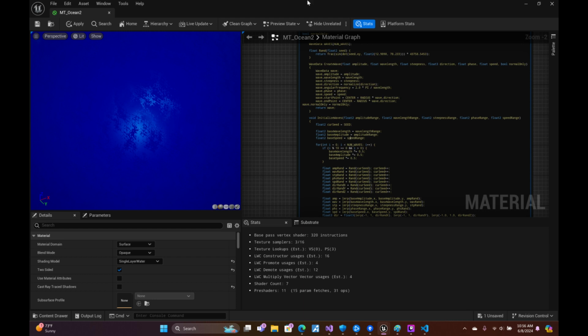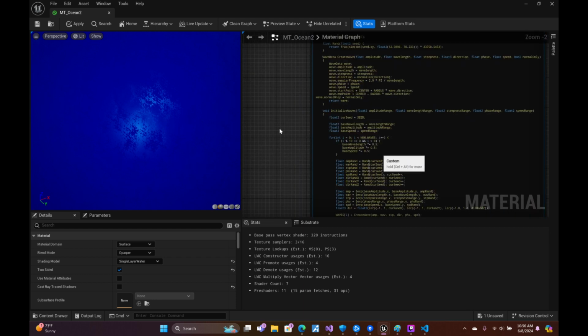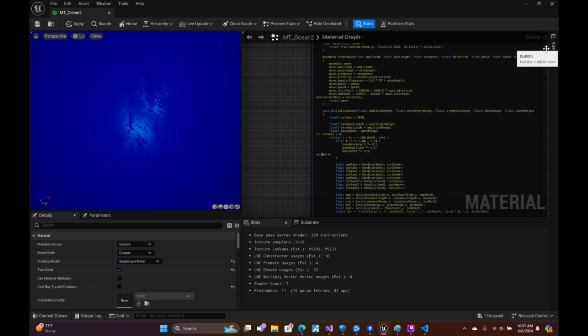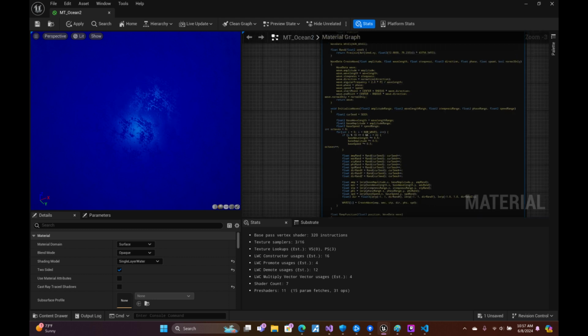Okay, now in our initialized waves, we'll bring back the concept of int octaves, octaves plus plus, and then wave octaves less than 4.